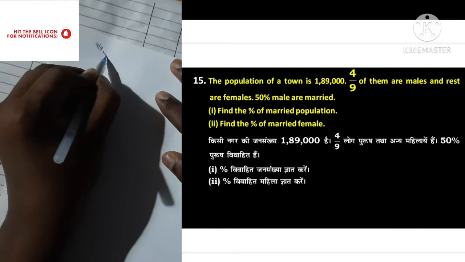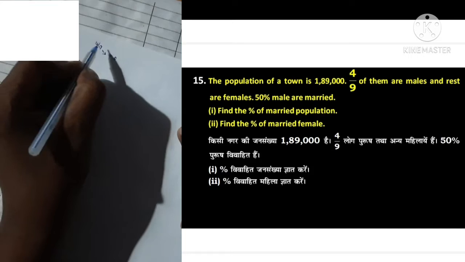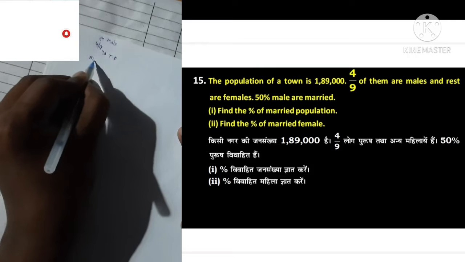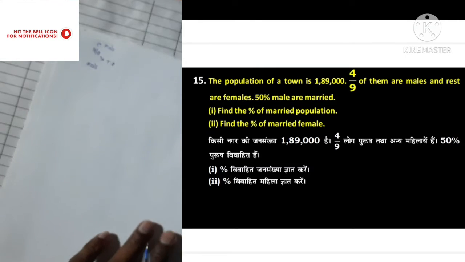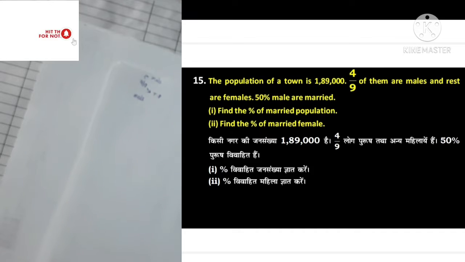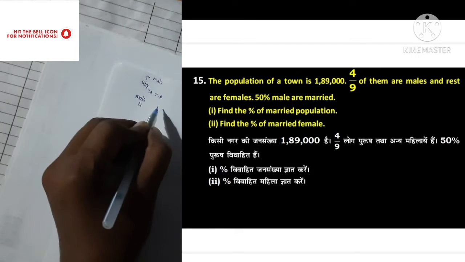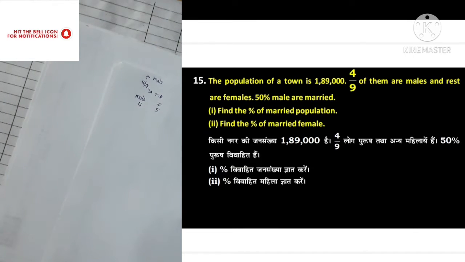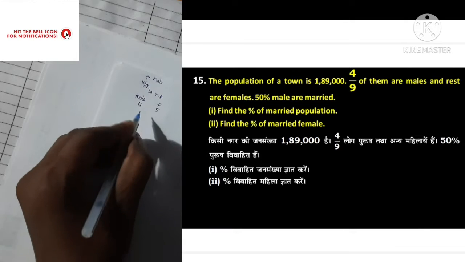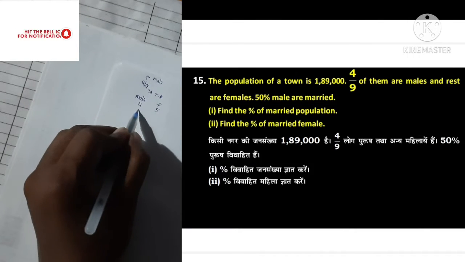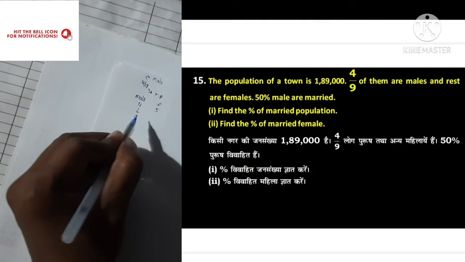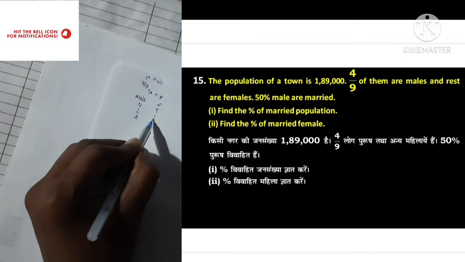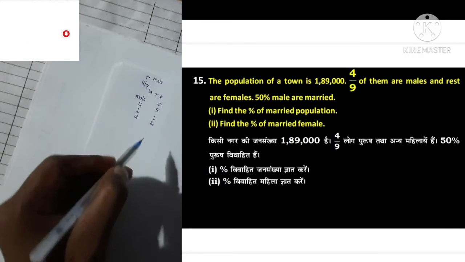That means the total population is 9. 4 is male, so female is 5. So 50% of male are married. So 50% of 4 is 2. Two male are married, which means the married female is 2.